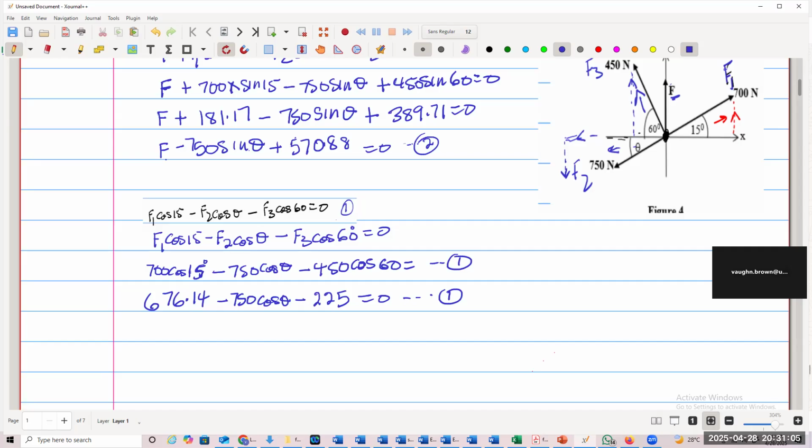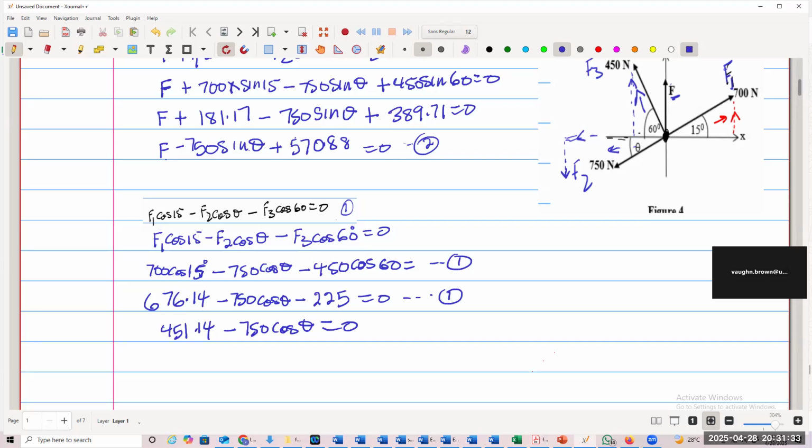Let's simplify this. So that will be 676.15 minus 225. And that gives me, when I had these two, I'm getting 451.14, right, minus 750 cos theta equal to 0.